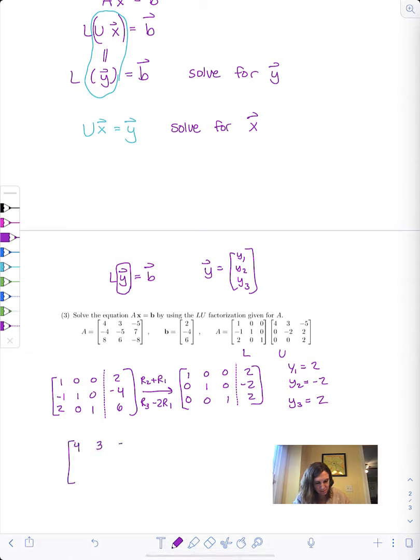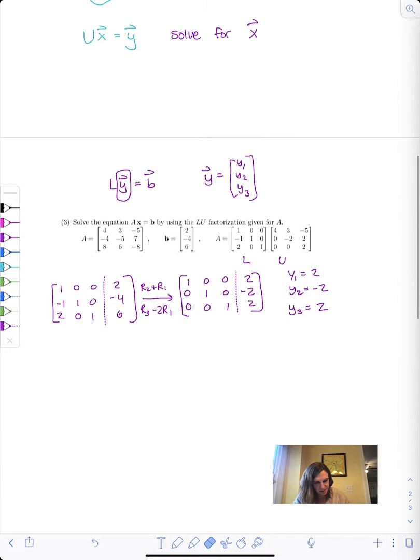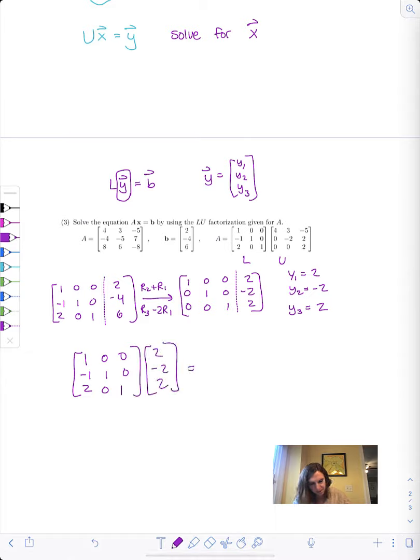This 4, 3, negative 5. Actually, maybe it's worth seeing this. What we had here was 1, 0, 0, negative 1, 1, 0, 2, 0, 1 times this 2, negative 2, 2 gave us our b, our 2, negative 4, 6. That's the work we did up above.